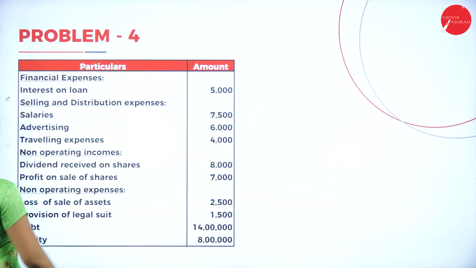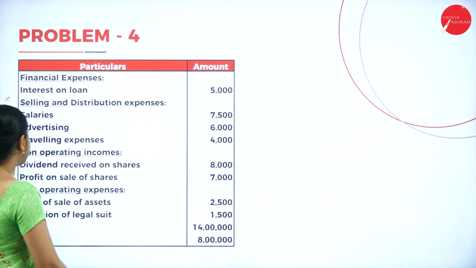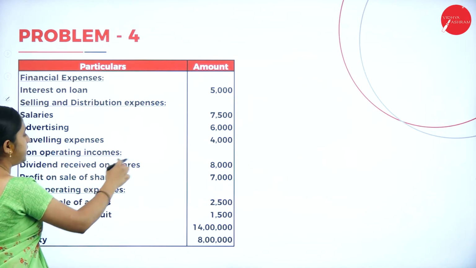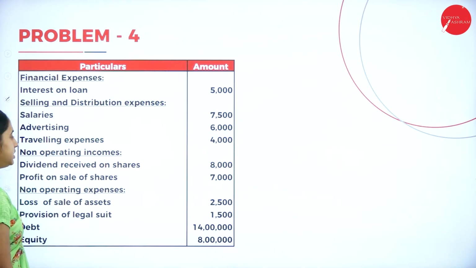Next, non-operating income. Non-operating income comes under the credit side. So on the credit side, non-operating income: dividend received on shares 8,000, profit on sale of shares 7,000.